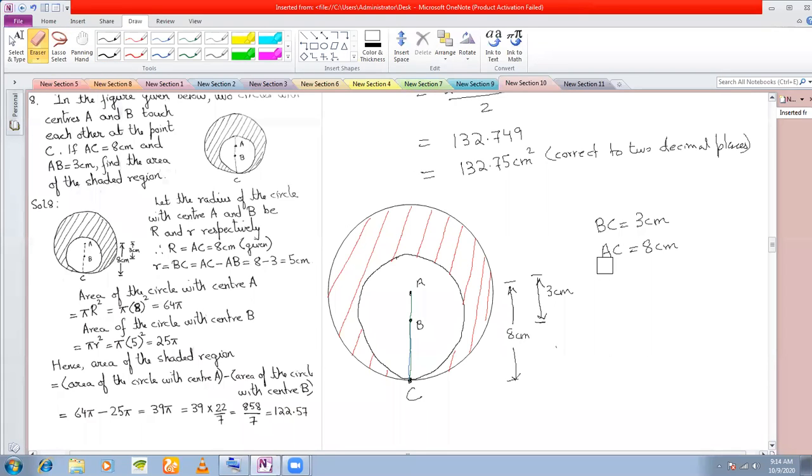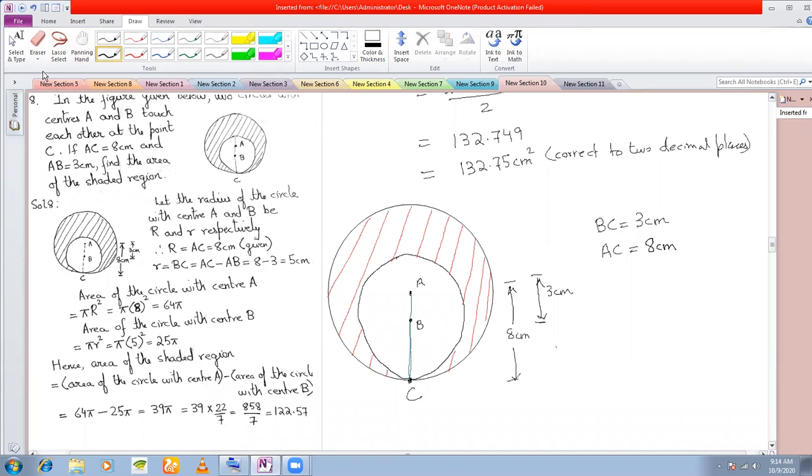So what is the radius of the bigger circle, AC? Sir, 8 centimeters.